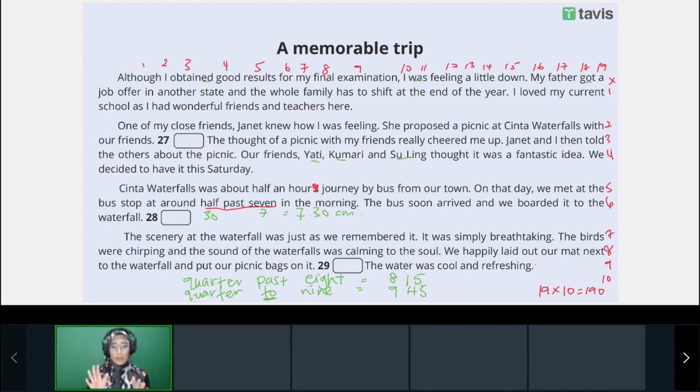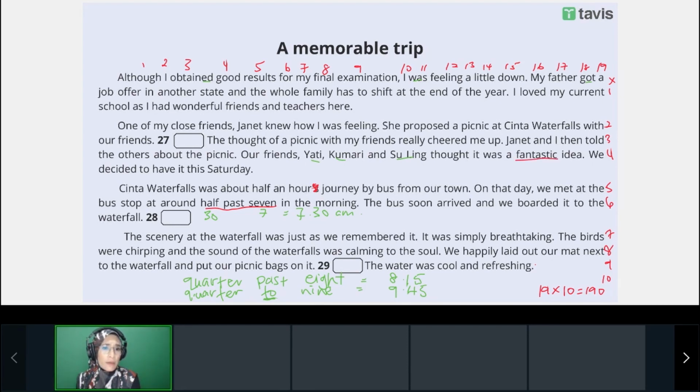Now, what I want you to see here, it's not actually the whole story, but I want you also to look at the vocabulary used. A lot of the vocabulary used is pretty good, because they don't repeat the same adjectives. Adjectives are describing words, right? You can see words such as fantastic.